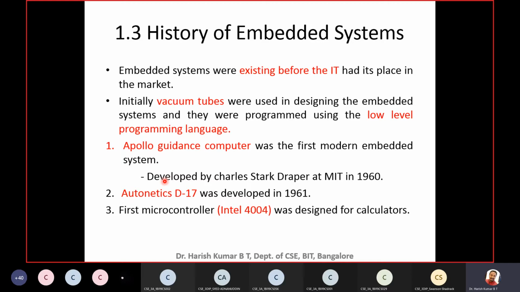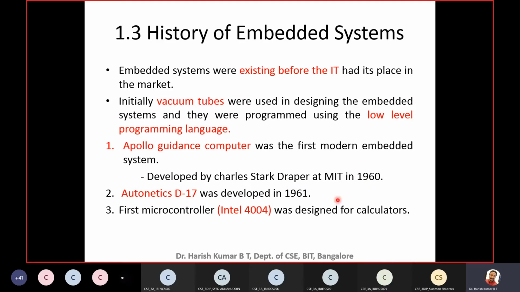And then I will look into the examples. The first modern embedded system: as I mentioned, the first modern computer system started in 1945. Similarly, the first embedded computer was the Apollo Guidance Computer, which was developed by Charles Stark Draper at MIT in 1960.